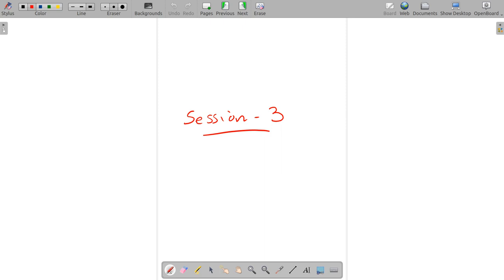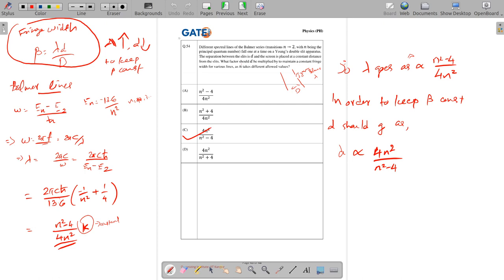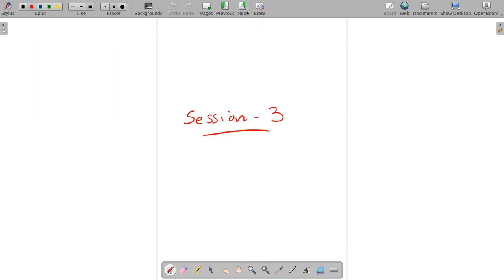So today we will look at, in the last session we stopped at the 2023 latest GATE question paper, with this question regarding the Balmer series of lines. In this session we will finish 2023.